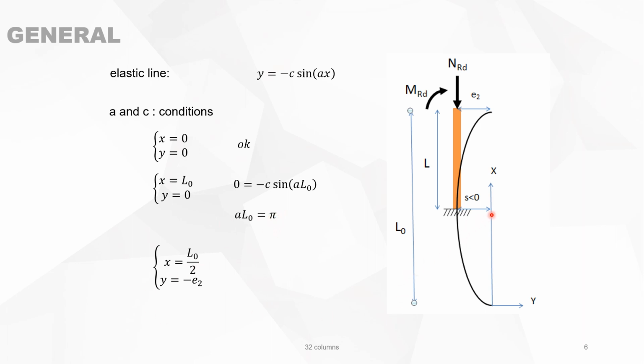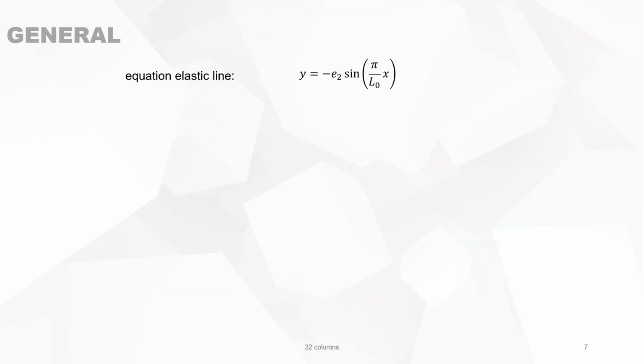For the midsection here, when X is equal to L0 over 2, then we see that Y is equal to minus E2. And then you can see here that the value C must be equal to E2 to fulfill this condition. So A is pi over L0 and C is equal to E2. We can write that in our elastic line equation, and we have obtained this form.